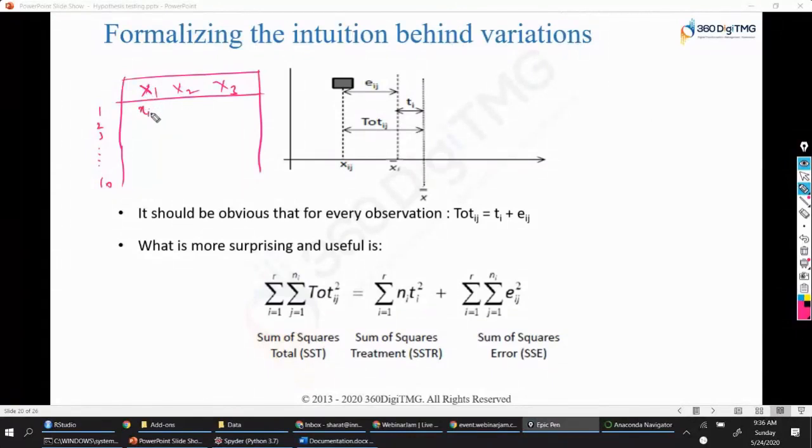So I'm calling it xij, where i is 1, 2, 3 and j is the 10 records. That means x11, x12, x13, and so on and so forth, x21, so on and so forth, x31, so on and so forth. Right? This is my data, represented here as xij, only for representation purposes.